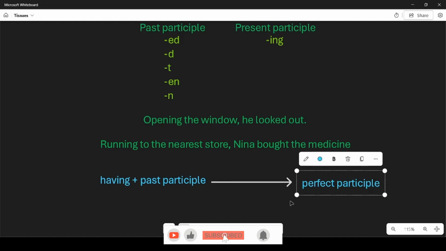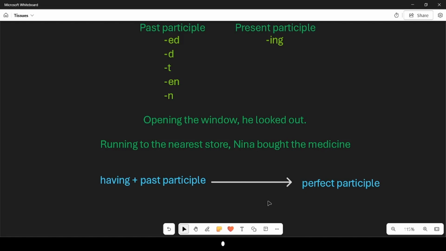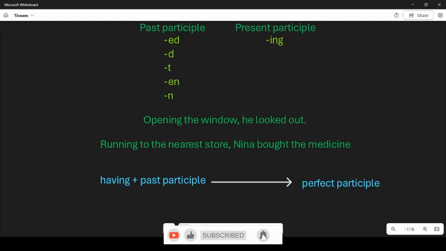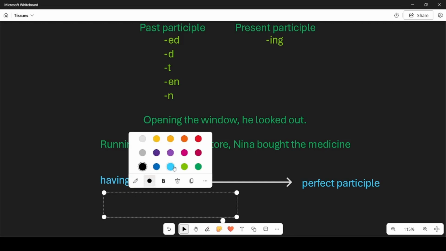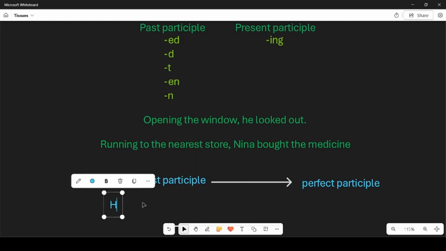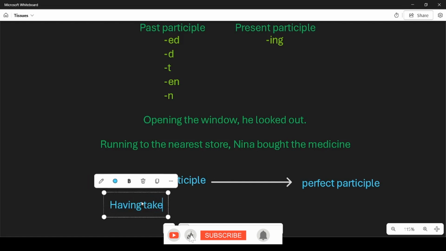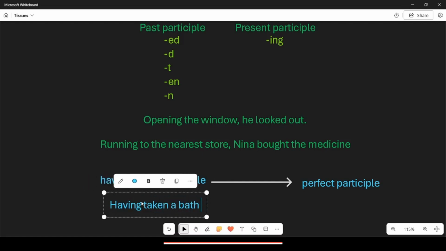So now let's look at a few sentences. Rajiv took a bath. He sat down to study. Having taken a bath, comma.